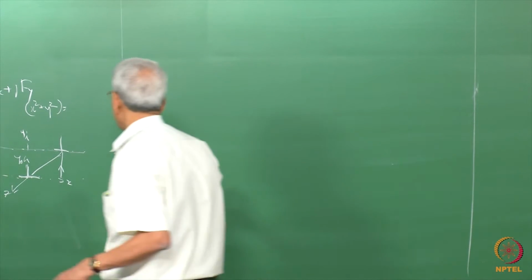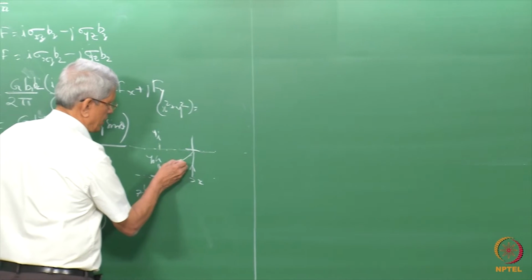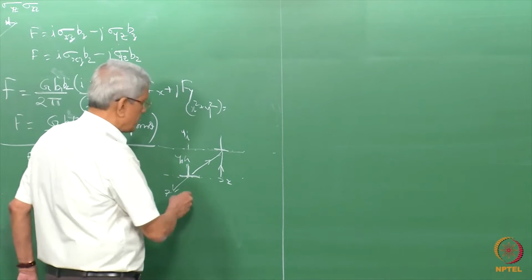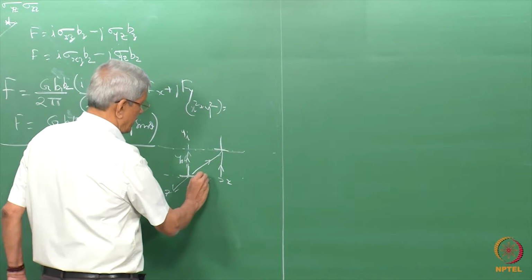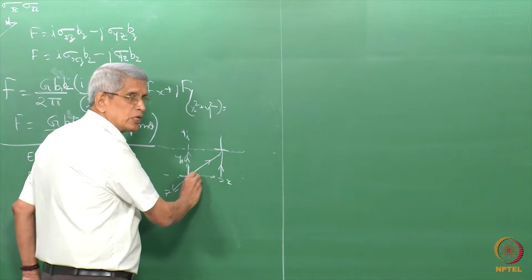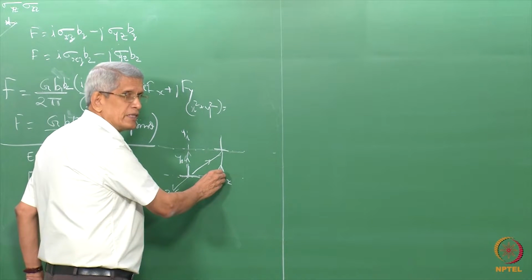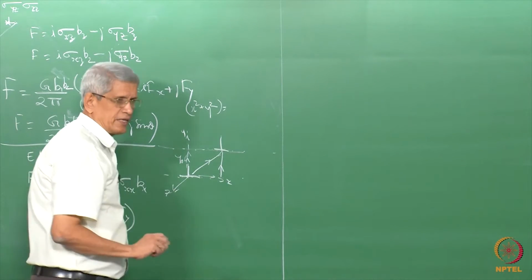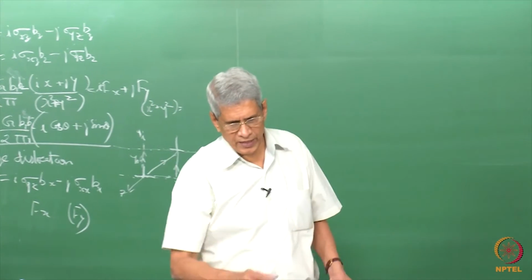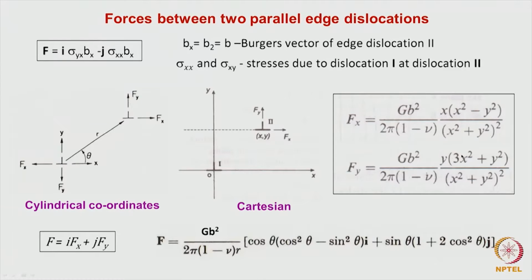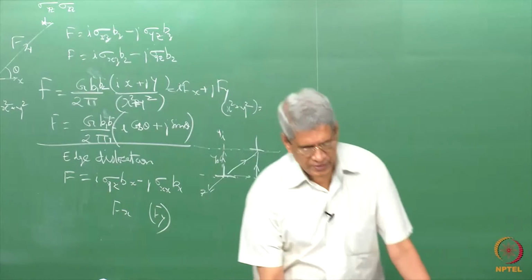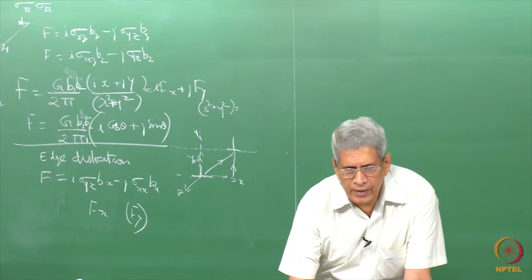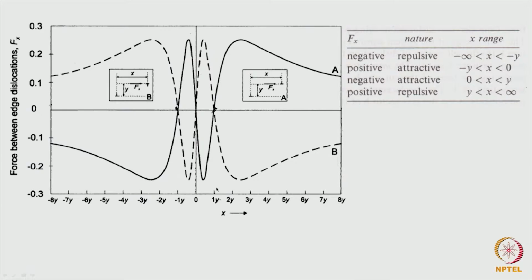The force which will be acting will have a component. That general force will be in this direction, one component in this direction and another component in this direction. We are looking at only the F component which is in the glide plane. For these calculations, to make it easier, these distances x and y can be written in terms of the Burgers vector as a unit. That is essentially what is being done and shown here.